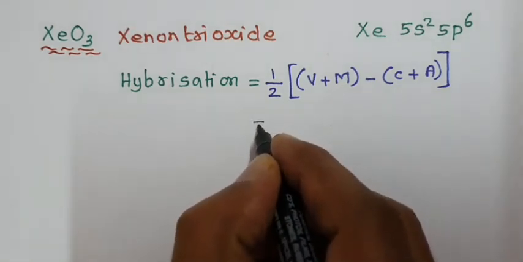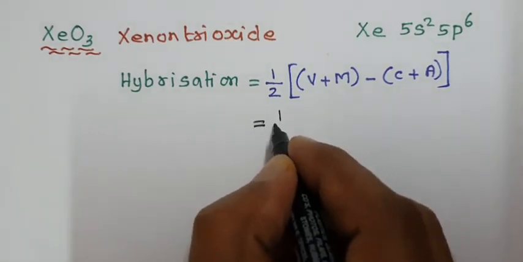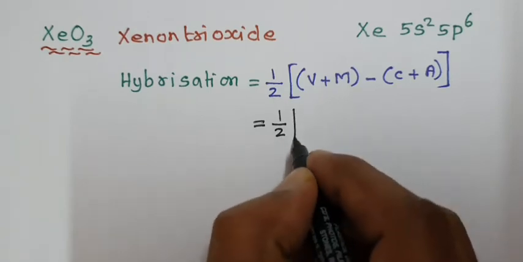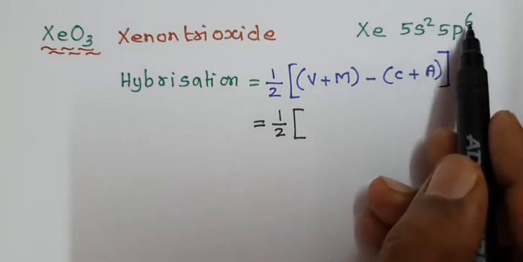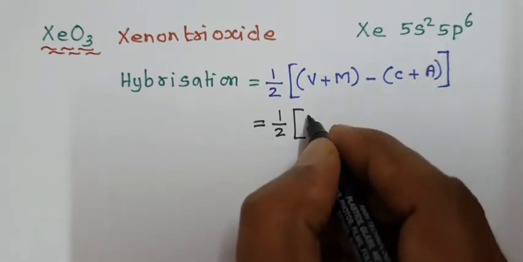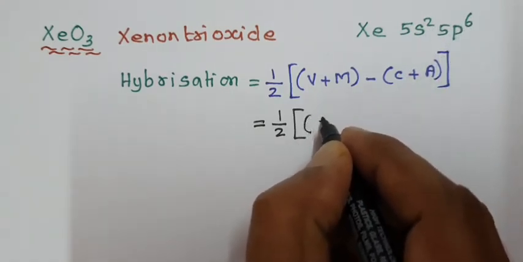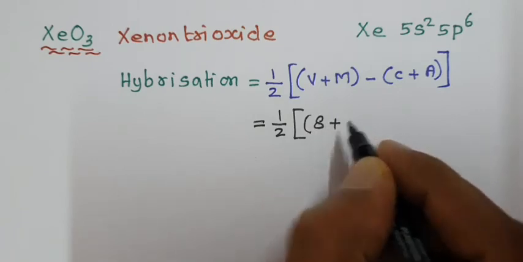Equal to 1 by 2 into, what is V? Number of valence electrons in the central non-metal, equal to 8, plus.